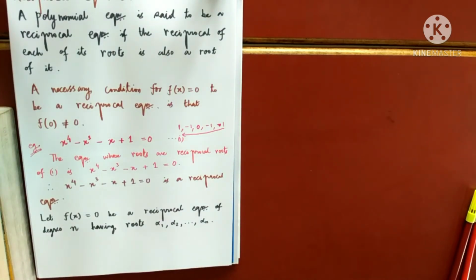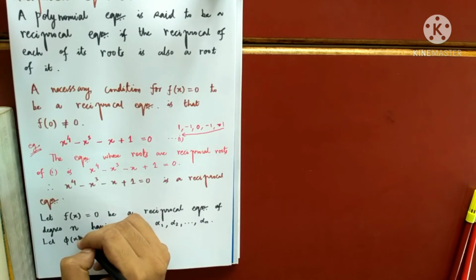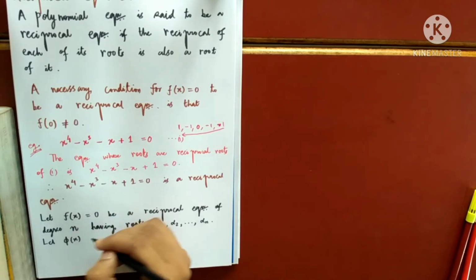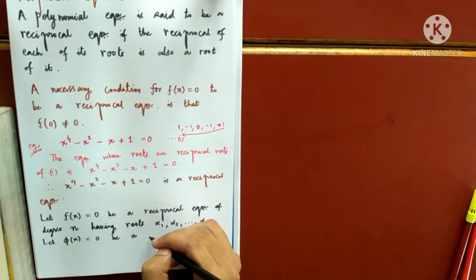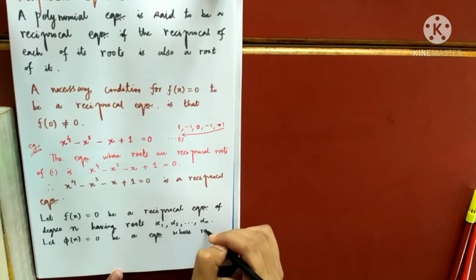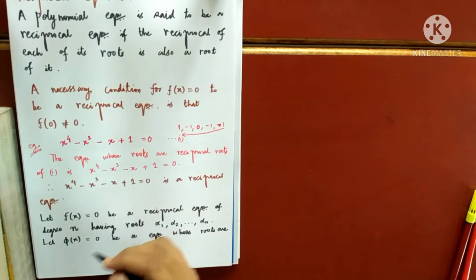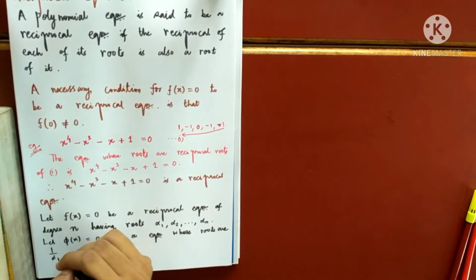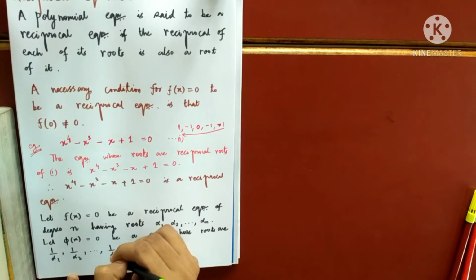Okay, let phi x equals to 0 be an equation whose roots are 1 by alpha 1, 1 by alpha 2, ... 1 by alpha n.